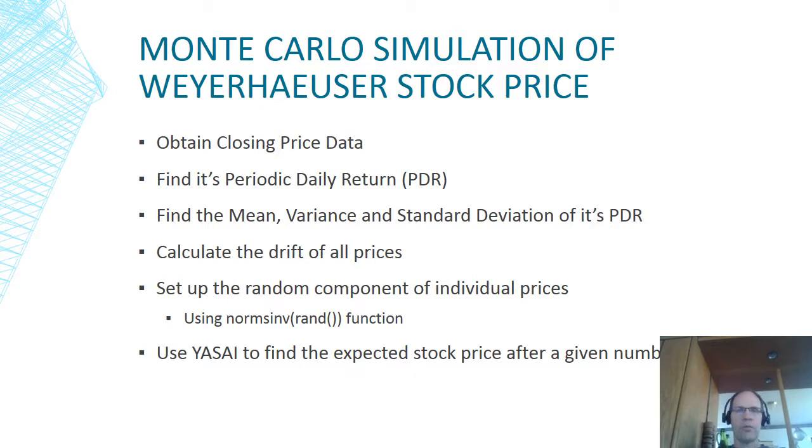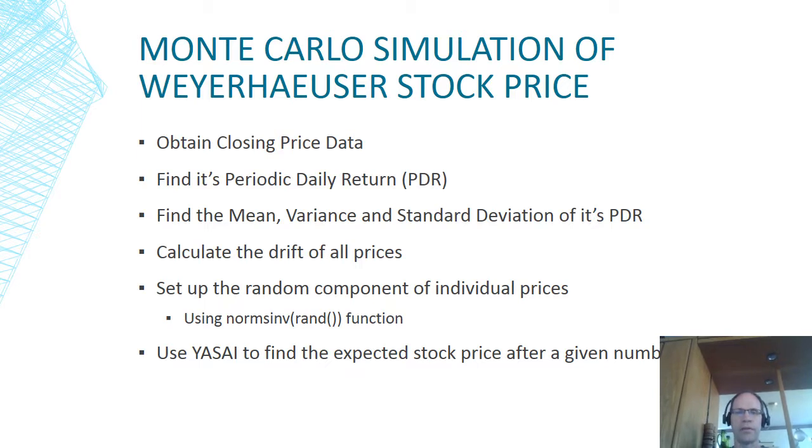So what did I have to do? Well, I had to obtain that closing price data. Using that data, I had to find its periodic daily return. I had to find the mean, variance, and standard deviation of that periodic daily return.